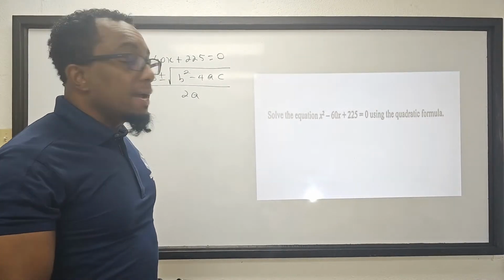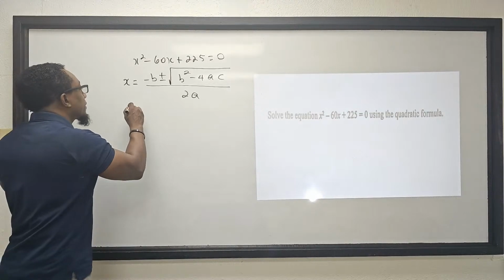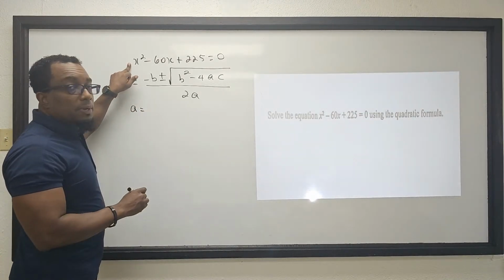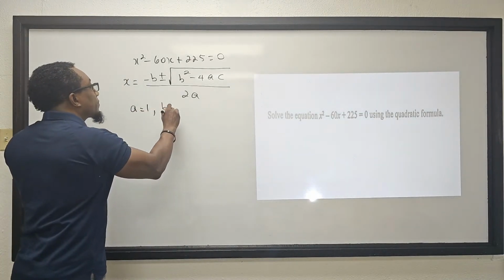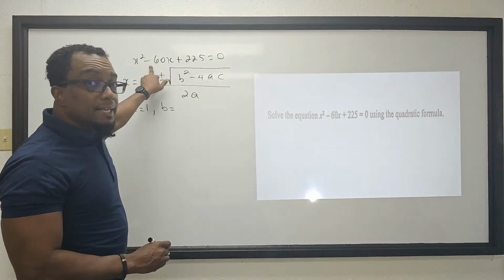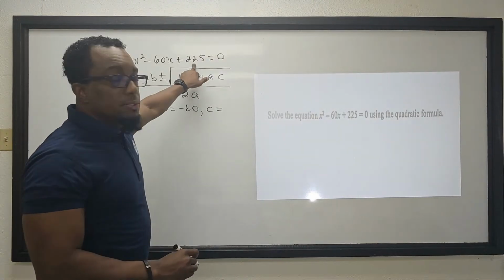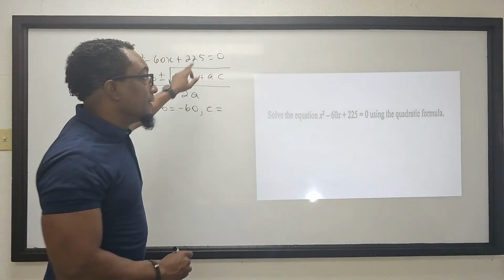And of course, we have to identify what is a, b, and c. A will be the number in front of x squared, which is 1. B is the number located in front of x, which is negative 60. And c is your constant, which is 225.